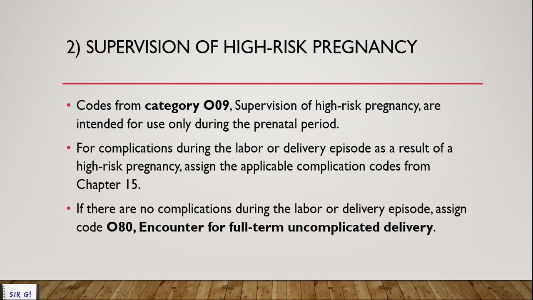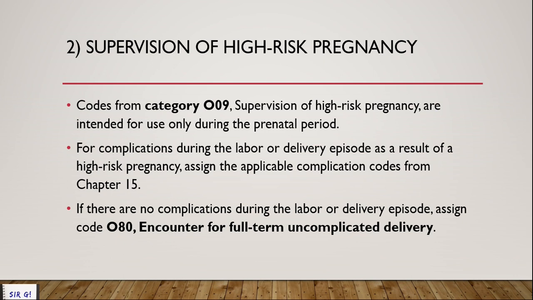But remember, when you are high risk already, you are no longer considered a normal pregnant patient. So remember, your Z34 can never be coded with your O09. Your O09 as well should always be a primary or first listed code.